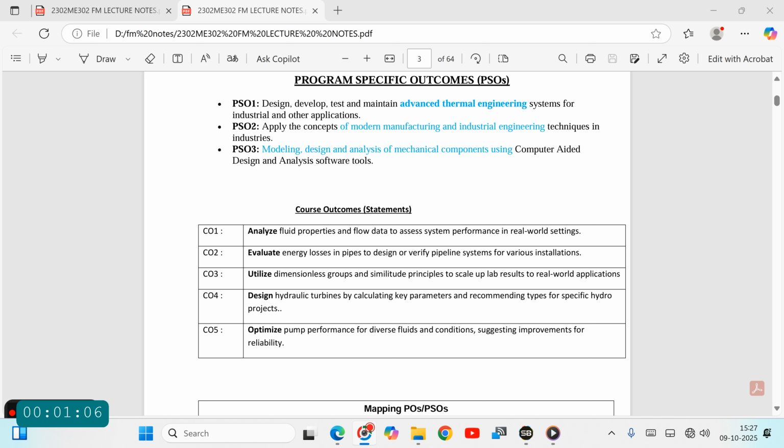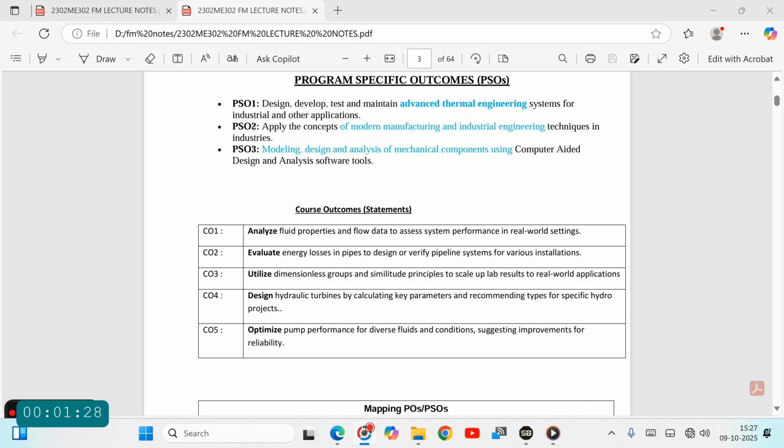Before going into the subject, now I can explain the course outcome statements. The first course outcome is: the student will be able to analyze the fluid properties and fluid data to assess system performance in real world settings.